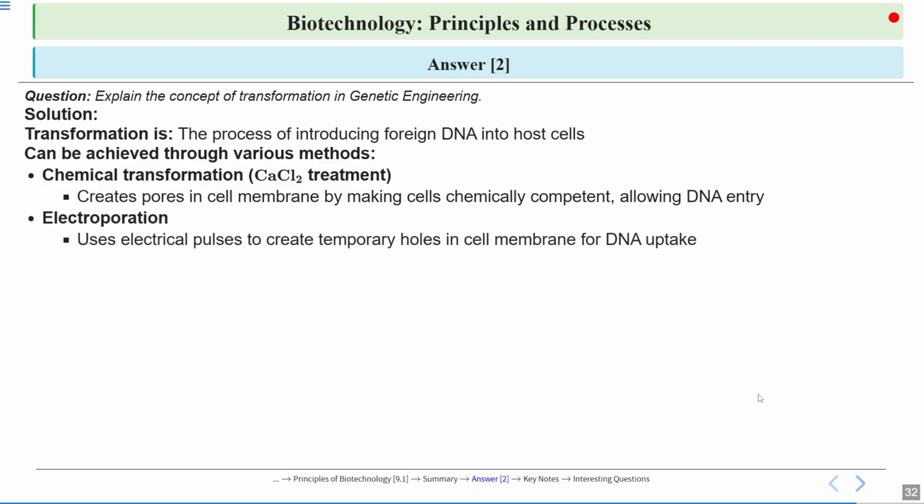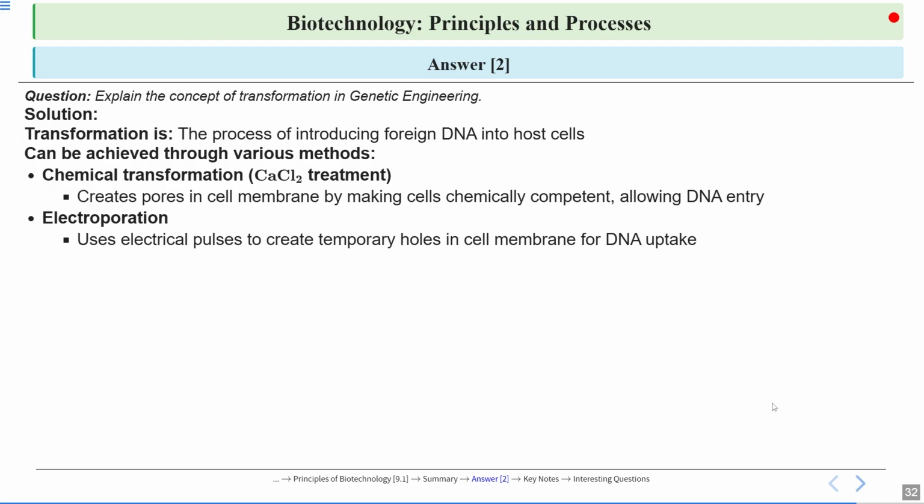But for a brief introduction, you should understand that we can introduce this foreign DNA into the host cells using various methods. First is the chemical method, calcium chloride treatment, in which we create small pores in the cell membrane by making the cell chemically competent, allowing the DNA entry.